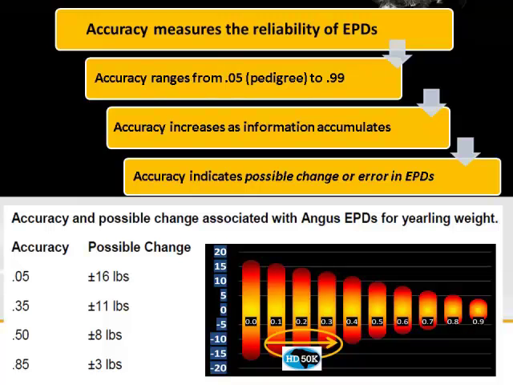So there's a big band of error associated with a low accuracy EPD. As lots of progeny are produced, the error of the EPD gets less and less, and it's more precise. So what we're really trying to do is take an animal with low accuracy, here based mainly on pedigree, and jumpstart the accuracy to get rid of about a fourth to a third of the error as we apply the genomic technology. That's the goal, or that's the big picture takeaway.